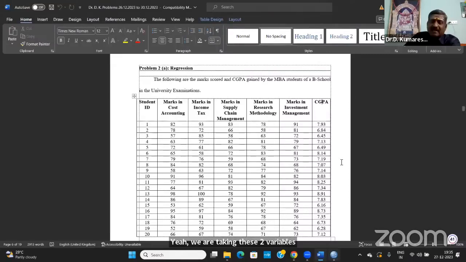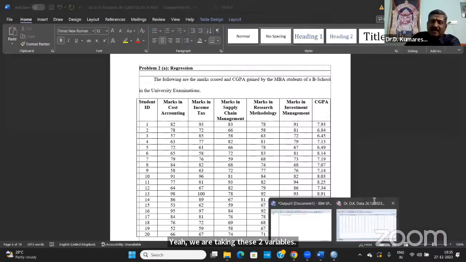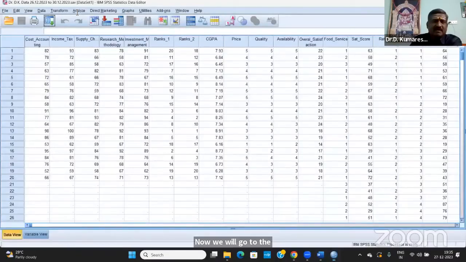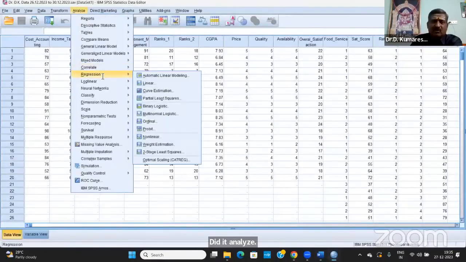Now we will go to analyze, go to regression, go to linear regression. In the menu bar, we find the analyze menu. We click on that analyze menu.